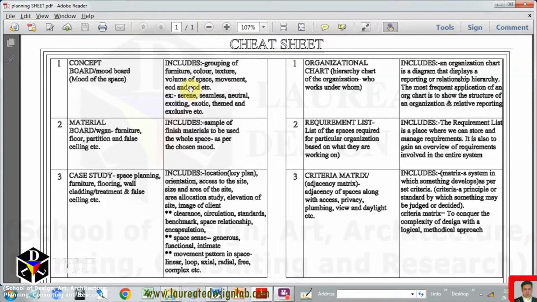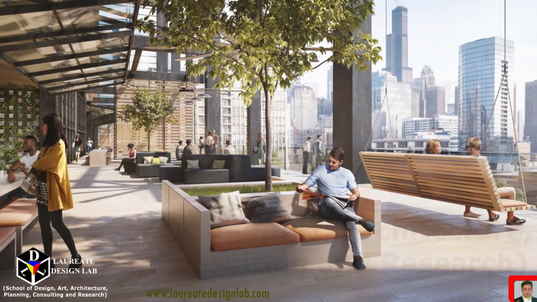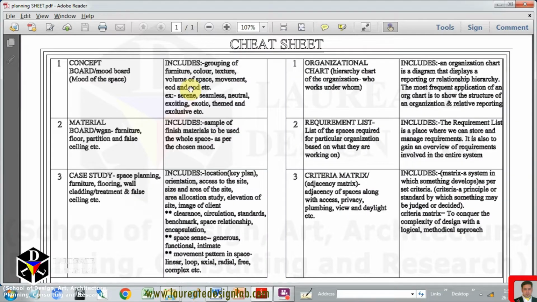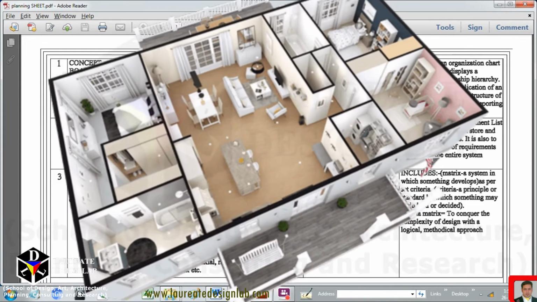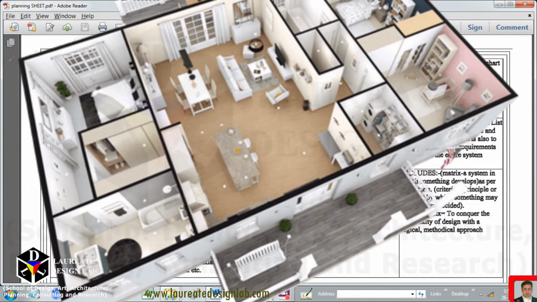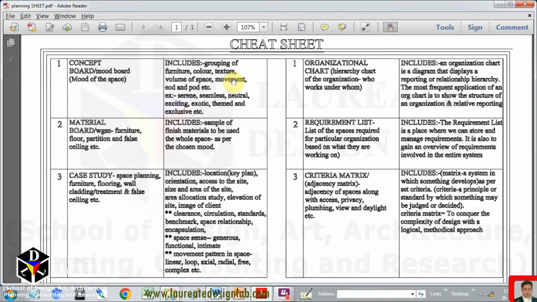Now next is the movement. When I am saying movement, obviously people, those who are occupying that space, will move from one point to another point. Take example of residence. A person is in living room, will go to washroom, will go to kitchen to cook, will go to dining room to eat, and mostly to have a luxury time we can go to either the drawing room, living room, or media room, whatever you call it.